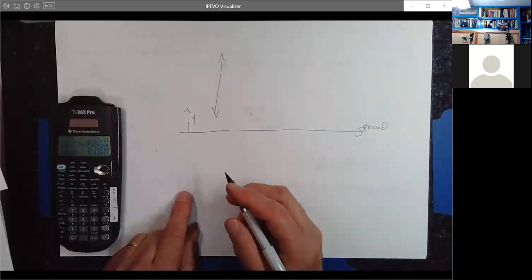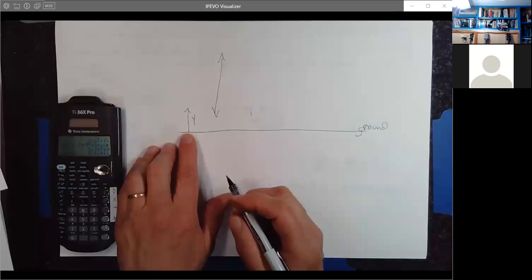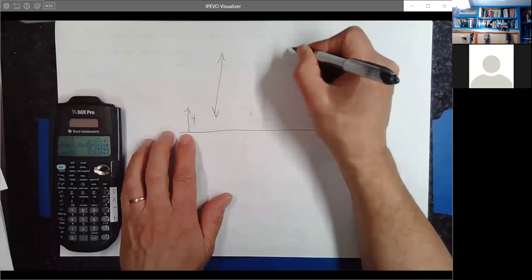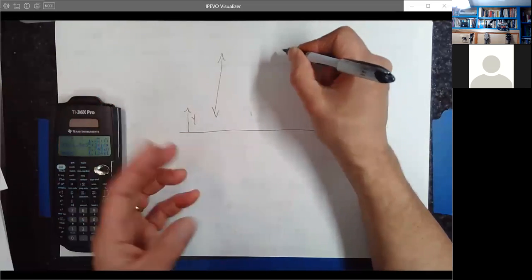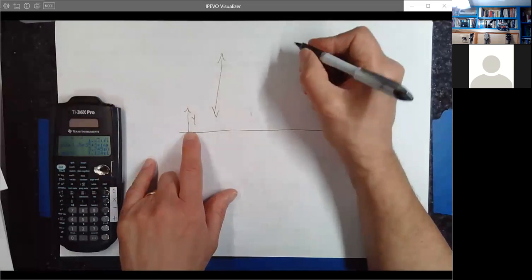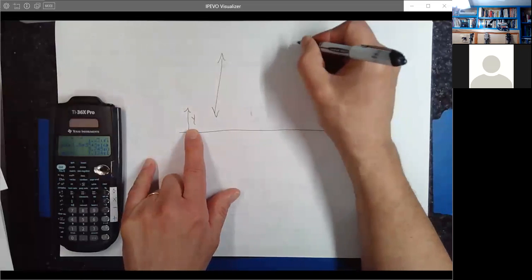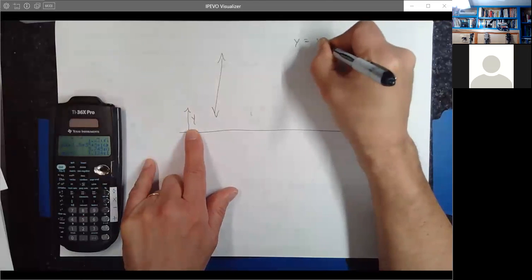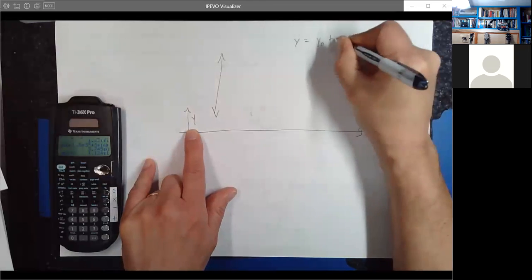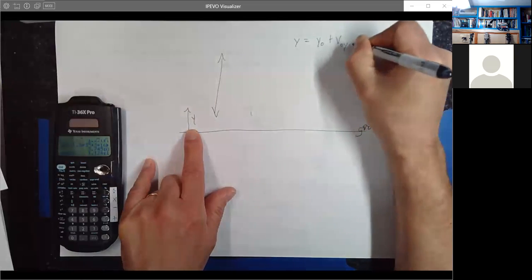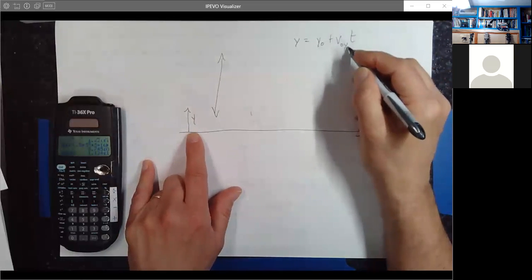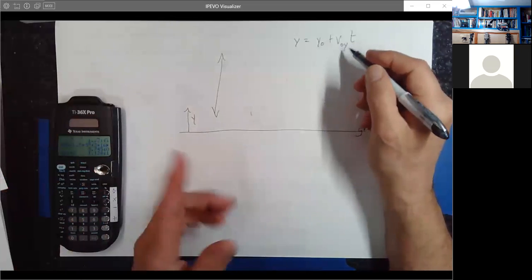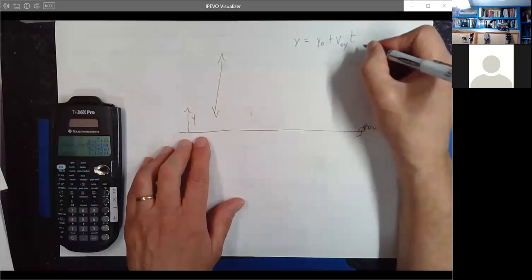Now, if I was to write my acceleration equations for x, they had things like x naught plus v naught x t plus stuff like that. I'm going to do the same thing for y. I'll have that y could equal y naught plus v naught y t. Now I'm starting to put an extra subscript on there just because we may sometimes have horizontal and vertical motion like next week.